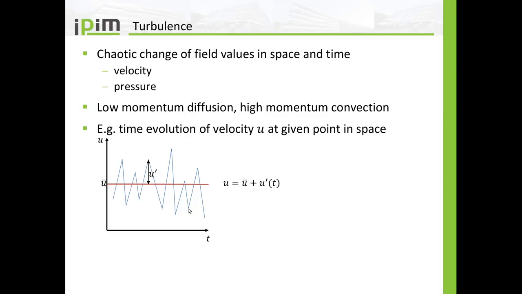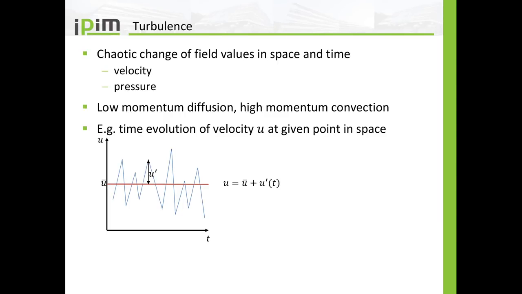In the previous tutorial I talked about turbulence and turbulence modeling. To recap, turbulence is the chaotic change of field values like velocity and pressure in space and time. You will find turbulence in flows with low momentum diffusion and high momentum convection, and in the last tutorial I showed you this schematic sketch of the velocity u at a given point in space.